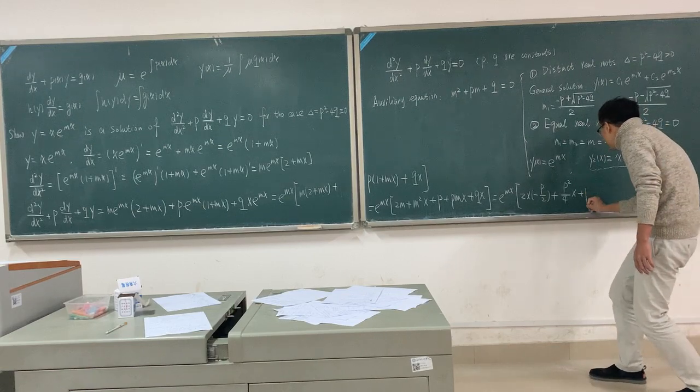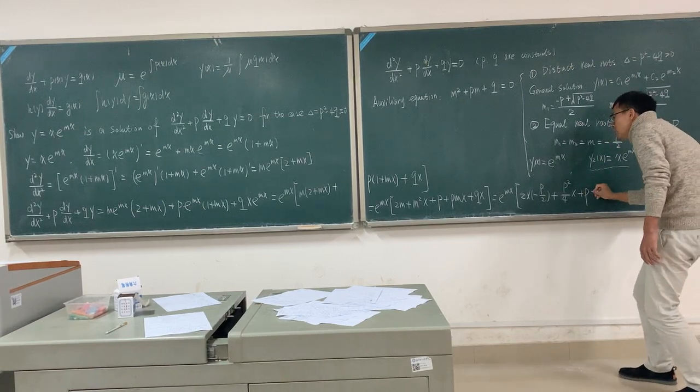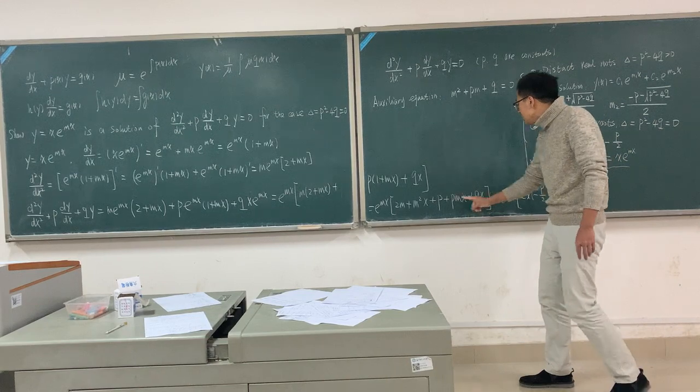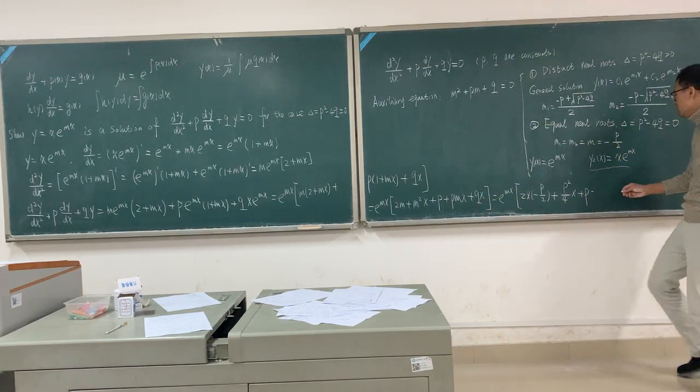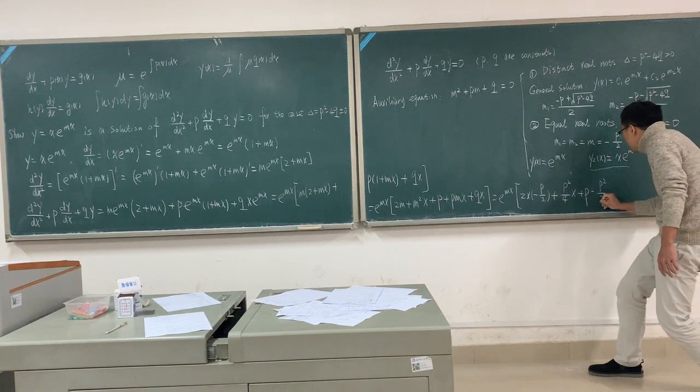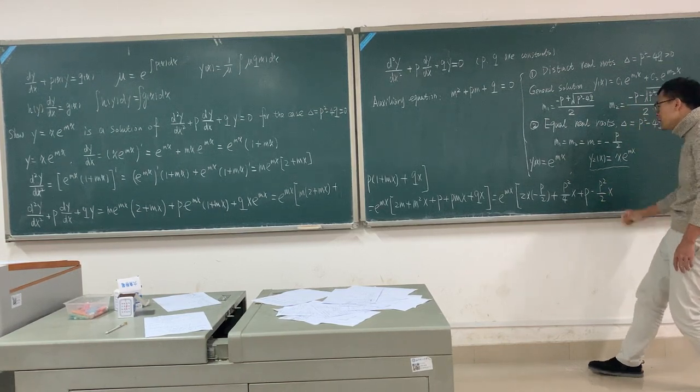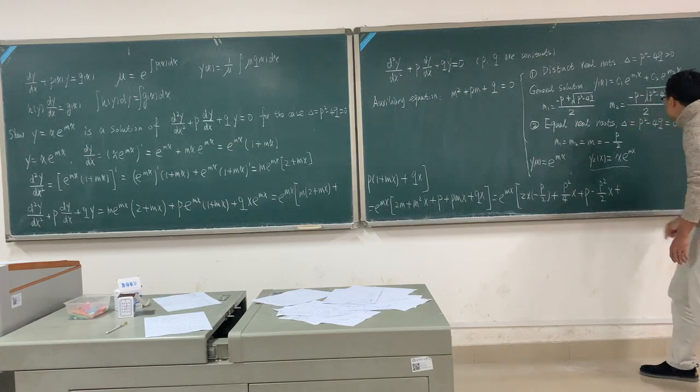And plus p times m, which is minus p square by 2, so minus p square by 2 x, and plus qx.